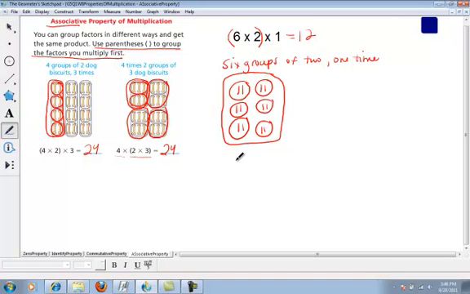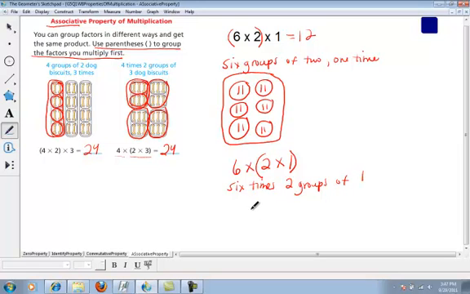Now what would that picture look like if I used the same numbers, but this time I associated 2 groups of 1? Now I would write this as 6 times 2 groups of 1.